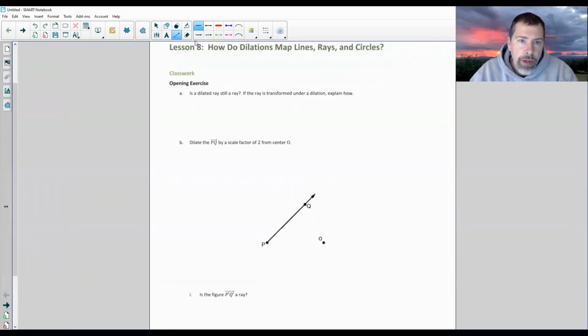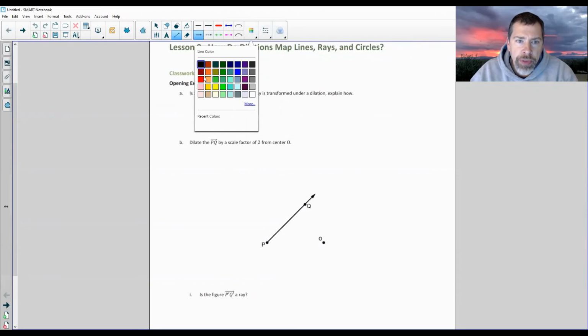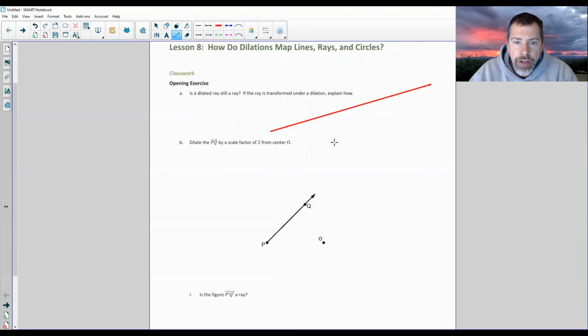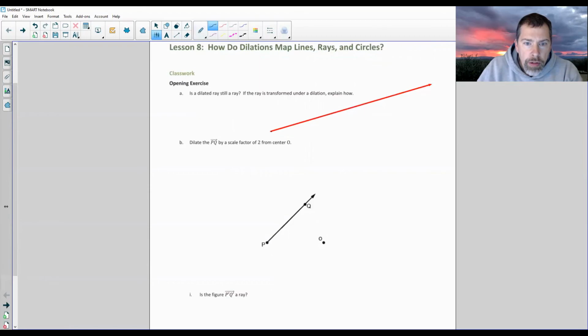Okay, well, it's a tough question. Got to put some thought into this one. Here's a ray. The definition of a ray is we have a starting point, and then we go off in a direction, and the arrow means it goes on forever, like the sun's rays.